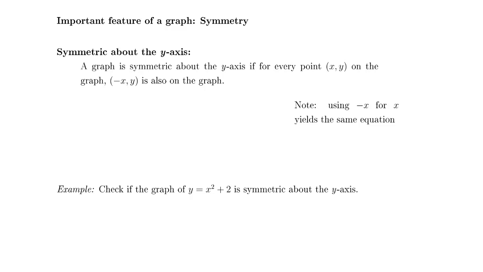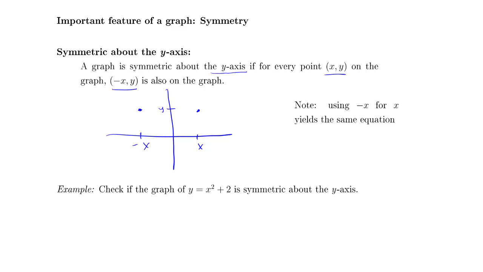A graph is symmetric about the y-axis if for every point (x, y) on the graph, (negative x, y) is also on the graph. So basically, what we're saying is that it would look something like this. If you have a point (x, y) on the graph, then you're also going to have the point that's the same distance back in x, so (negative x, y).